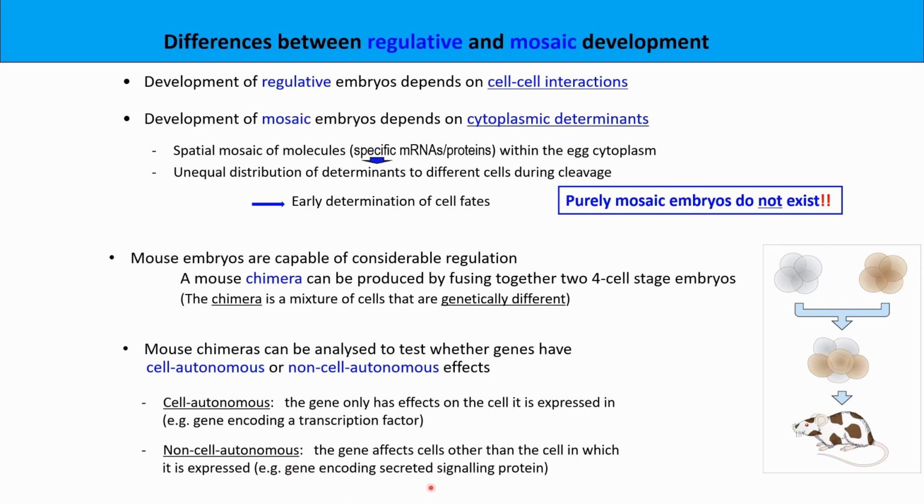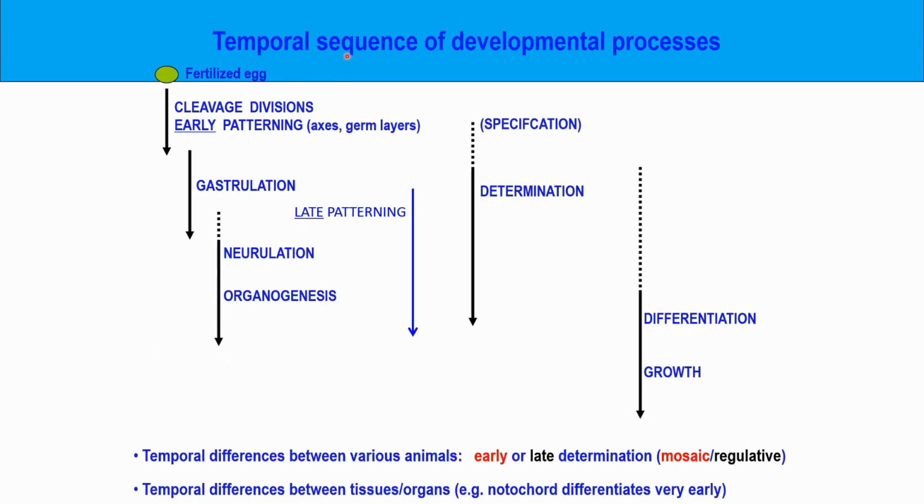So, for example, if it was to encode a secreted signaling protein. These are the strict definitions of whether something acts cell autonomously or non-cell autonomously. If we try to put these processes together, specification and determination, in terms of the embryonic processes that we've described, like the cleavages and the patterning followed by gastrulation, we can see that specification happens usually early on.